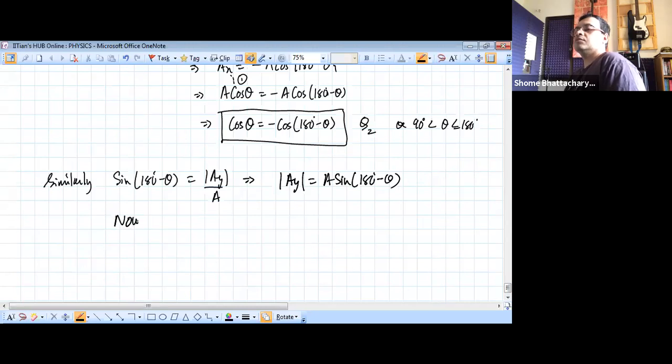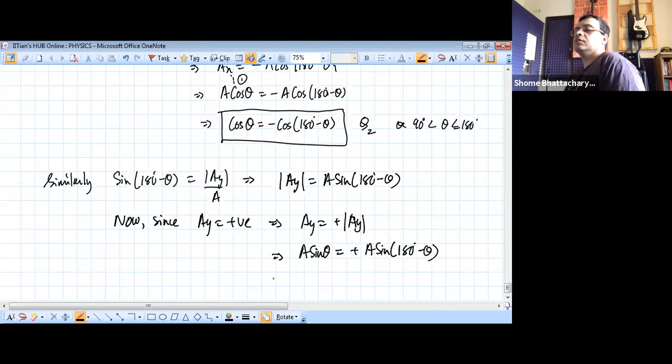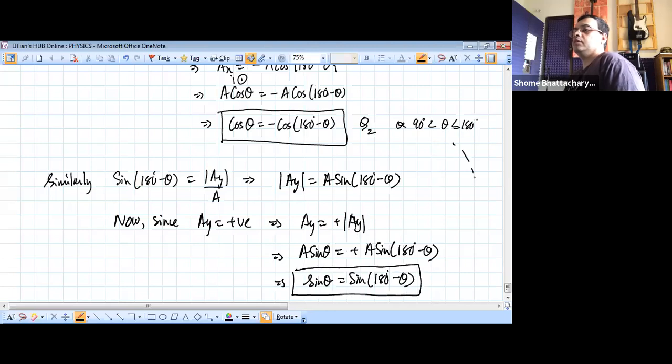Now since EY is positive, therefore we can say EY is positive of mod EY. So that means E sine theta is positive of E sine 180 minus theta. So we have the formula that sine theta is sine of 180 minus theta in the second quadrant, when theta is between 90 and 180.